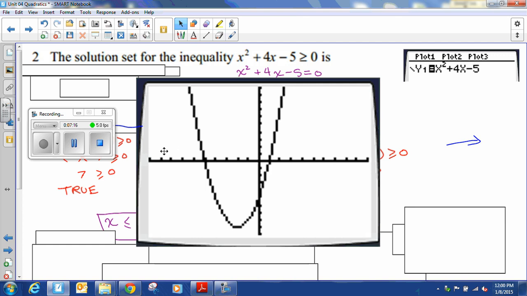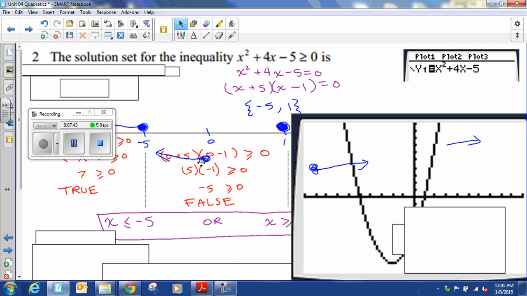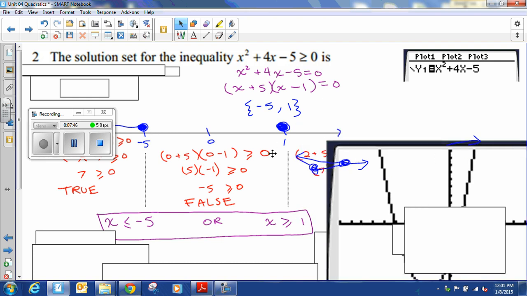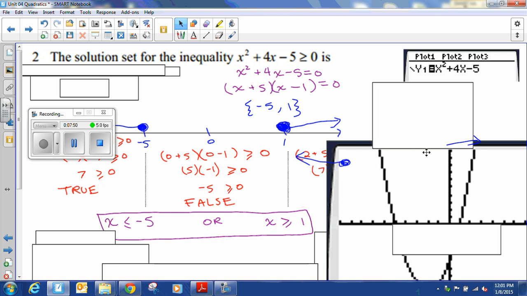If you think of this as the water line, 0, sea level, where is the parabola underwater? Where is it above water? Well, it's above water at 1 or greater than 1, and it's above water less than or equal to negative 5. So this is consistent with the number line that we graphed over here. That's how you put the graphical to the algebraic.